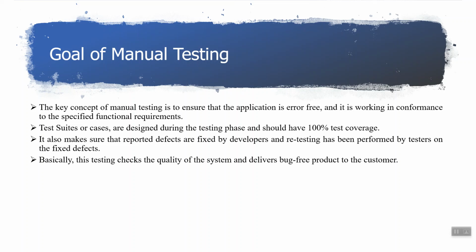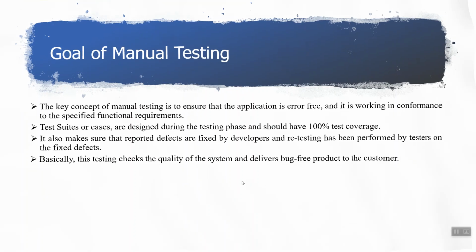It also makes sure that reported defects are fixed by the developer and retesting has been performed by the tester once the defects are fixed. Basically, this testing checks the quality of the system and delivers a bug-free product to the customer. So these are some of the main goals of manual testing.